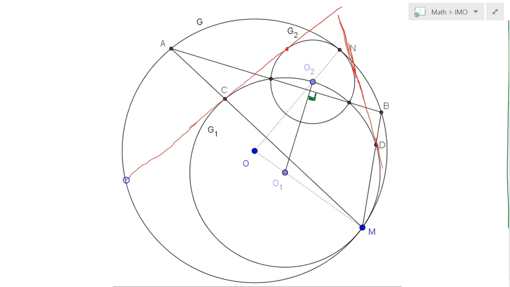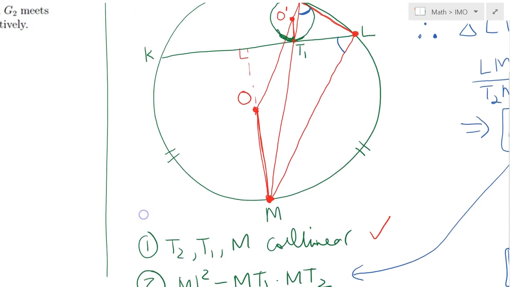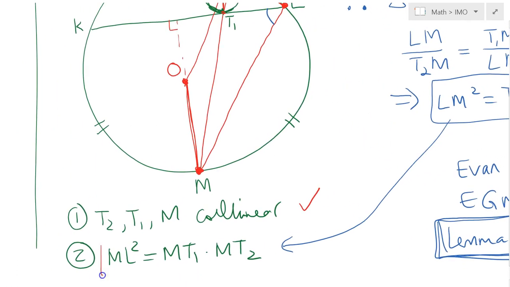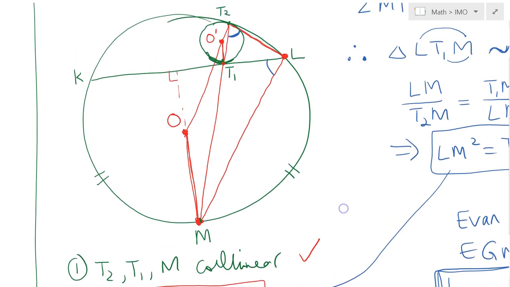This follows immediately from the lemma that we just mentioned, and consider this chord. As you can see here, the common tangent, you can consider it as a chord, and it is tangent to our circle at the point C. And if you follow the second part of this, it is clear that all the circles squeezed inside this segment and the circle should have equal powers with respect to the point M, the midpoint of the major arc KL.